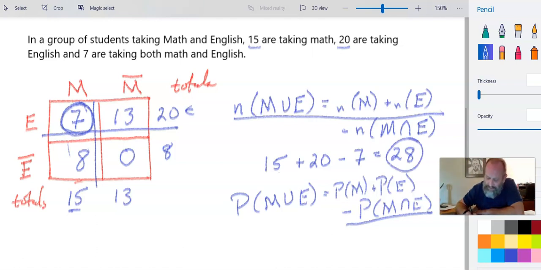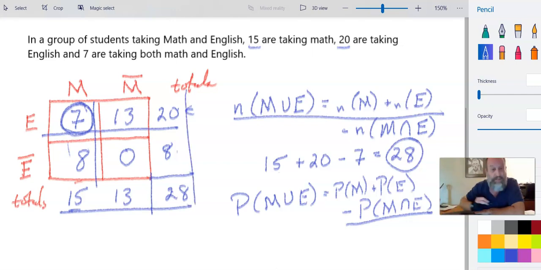Once you have these totals, I'm adding up the rows as I go across. You notice 20 plus 8 is 28. 15 plus 13 is 28. And so that's a good check. This sum in this direction needs to match this sum in this direction. So it's a good check. If you're not getting the same number on both sides, you did something wrong. You need to change it.